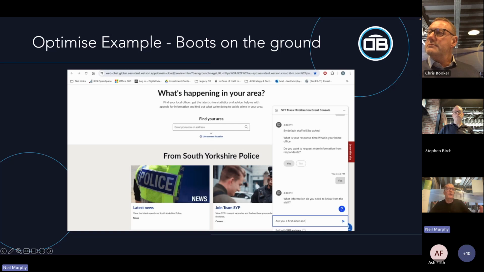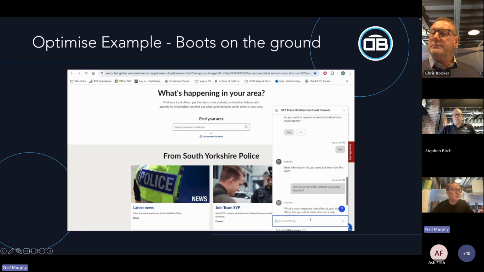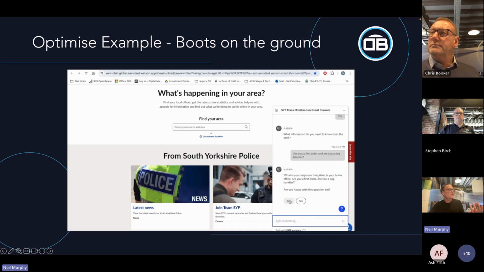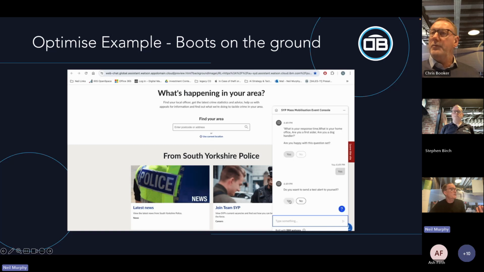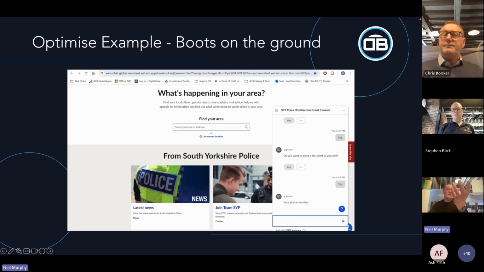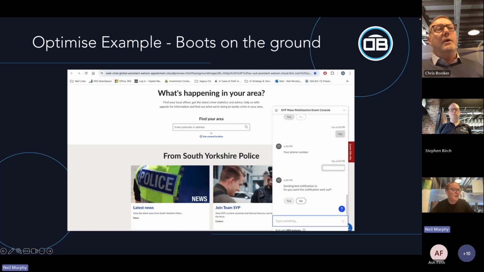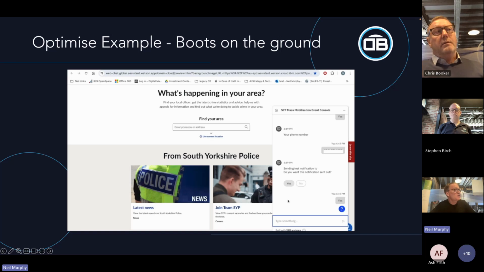So what we've got effectively is the natural language capability, meaning that there's more of a conversation going on. Which means that you can remove that coordinator from the center, that point of bottleneck, to get on with something that's far more urgent, while at the same time getting better quality information. Overall, it's a better outcome for everybody involved.